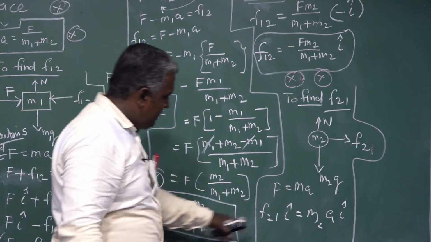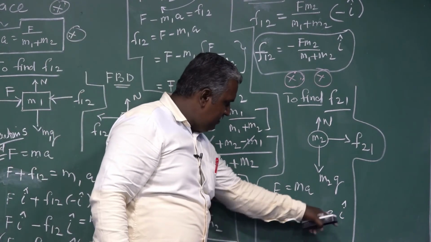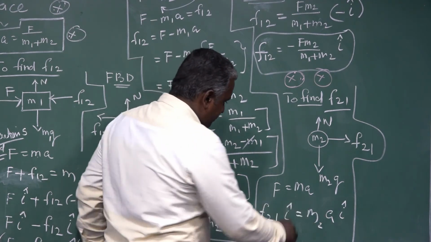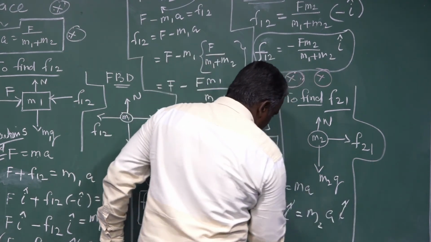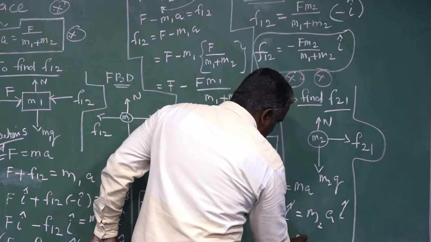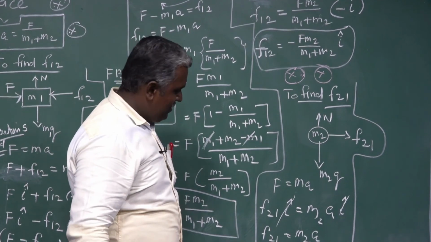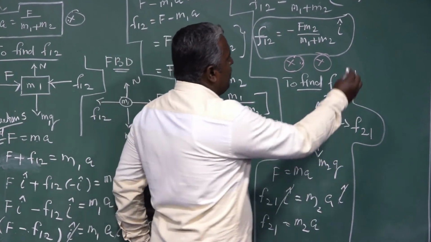Comparing components on both sides of this equation, F21 is equal to M2 a.